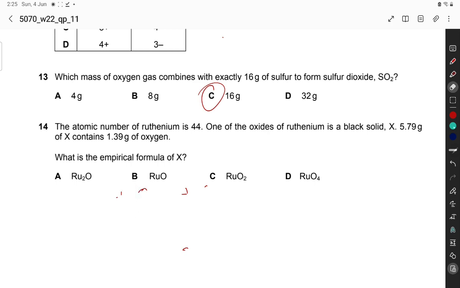This is ruthenium ratio oxygen. 5.79 gram of x, the oxide. So this is the oxide. 5.79 minus 1.39.